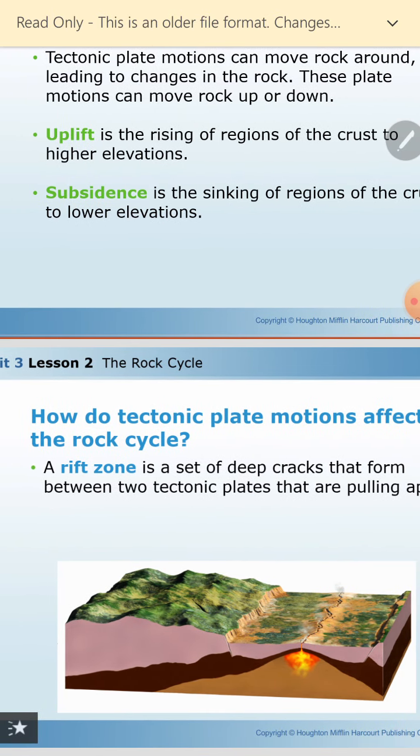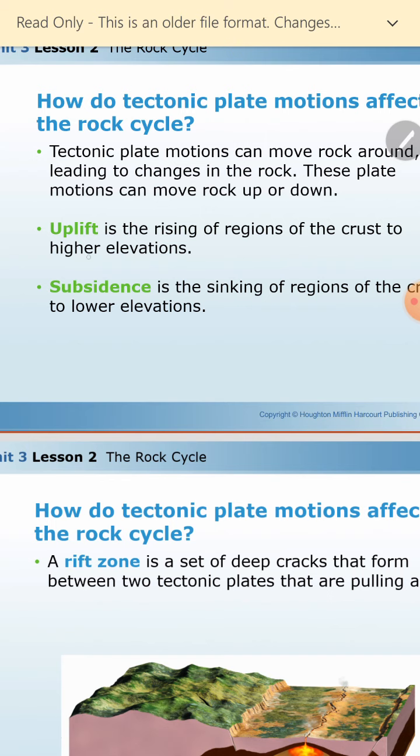Here we have the rift zone. It's better for us to depend on the picture in the book. The picture in the book shows the uplift. Only this picture, I forgot to add it to our PowerPoint. You can depend on it.